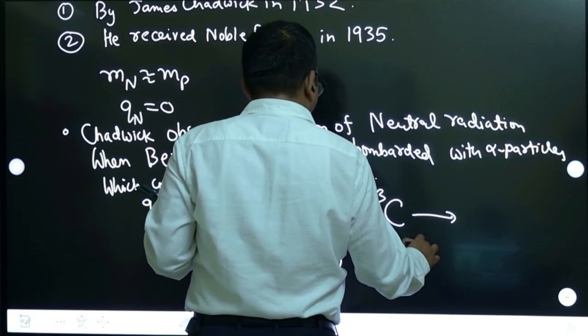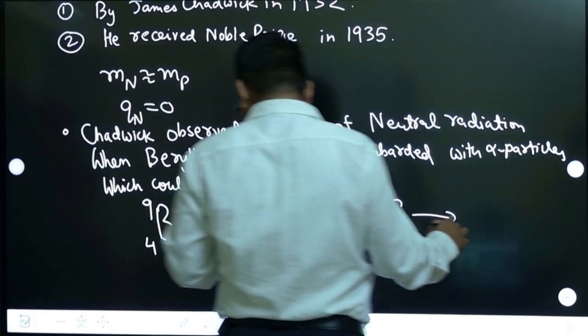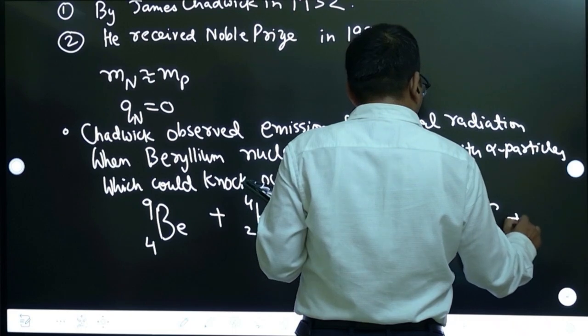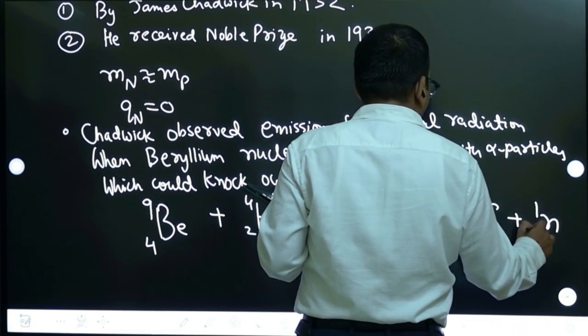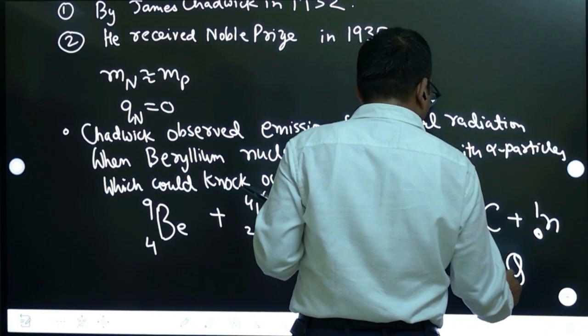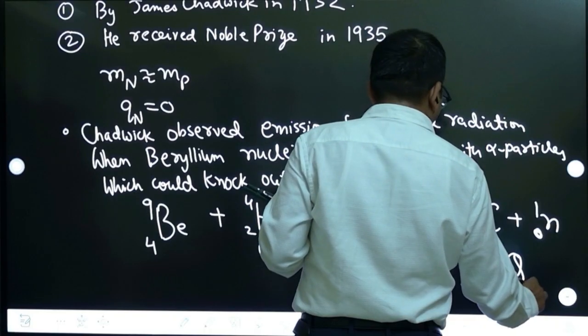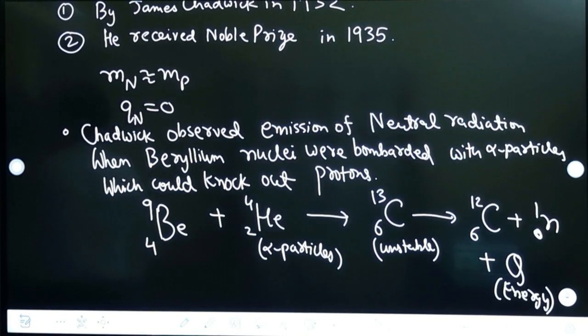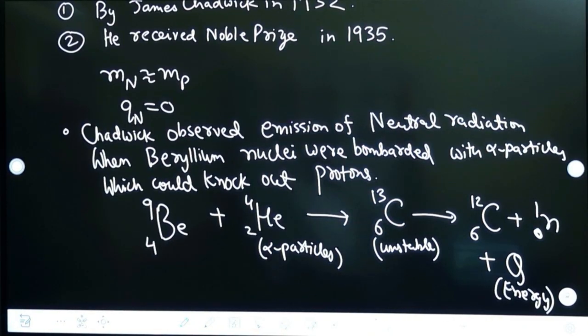It becomes carbon C12 plus neutron plus Q. Q refers to energy. So it is like an exothermic reaction. Exothermic reaction is happening. That was the discovery by Chadwick.